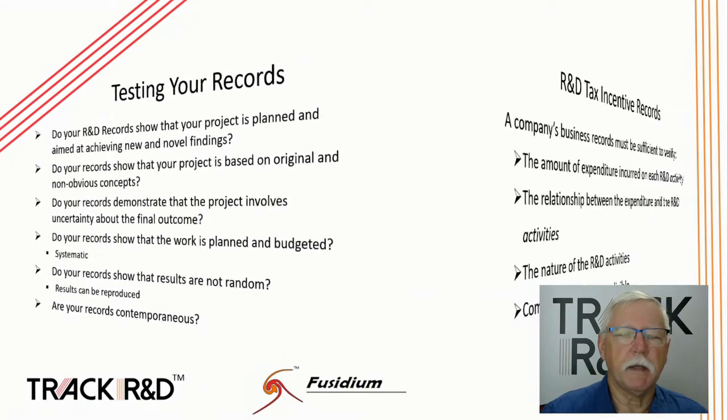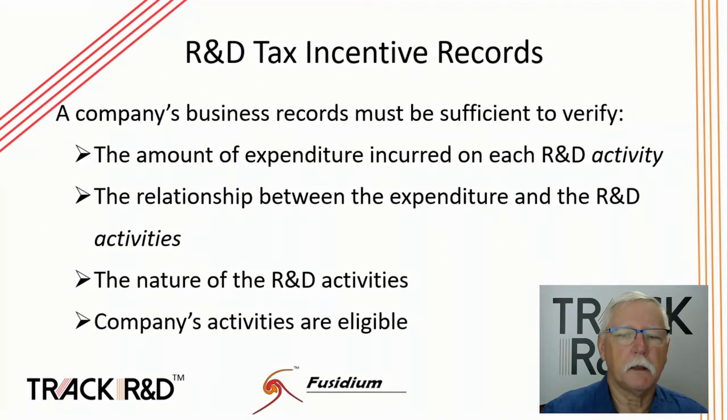AusIndustry and the ATO do impose some additional requirements that may not be standard practice within your business. They will expect you to be able to explain the relationship between R&D activities and the amount of expenditure incurred with respect to that activity.